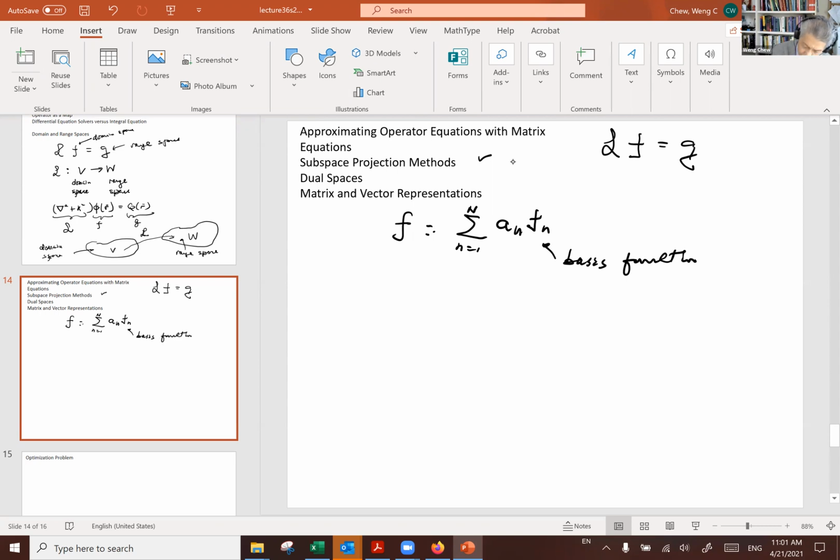And this can be in one dimension. If it is one dimension, then it would be just that. Okay. And for instance, if you have a function in one dimension, defined between 0 and a, you can use something called a Fourier series expansion.